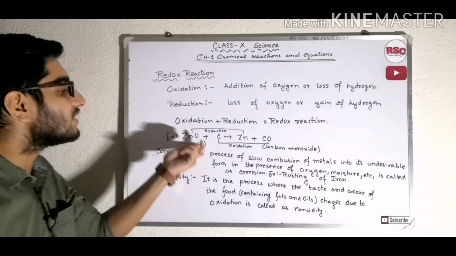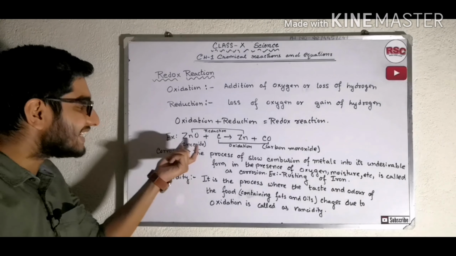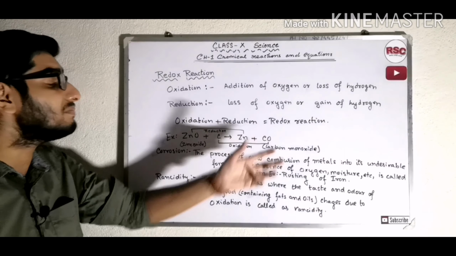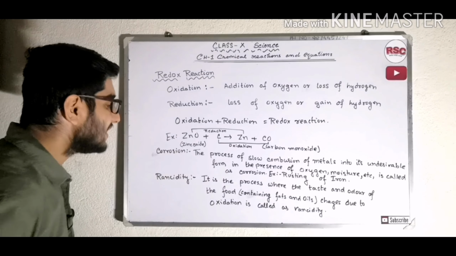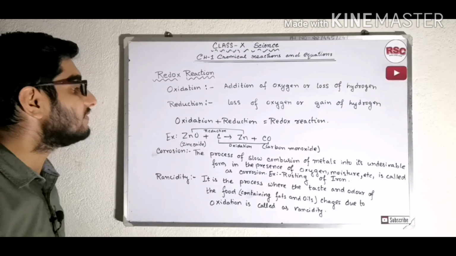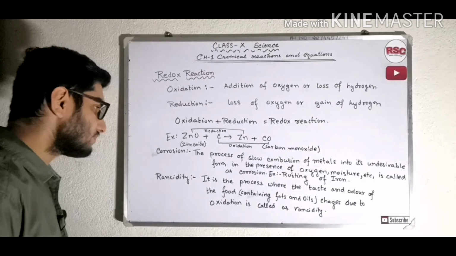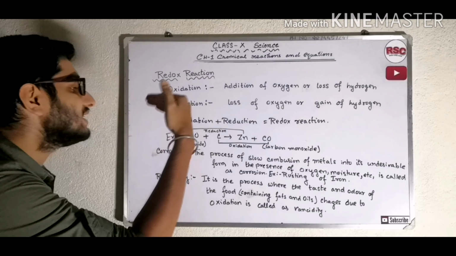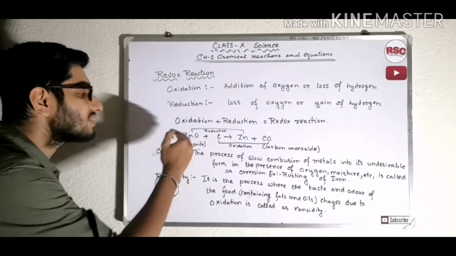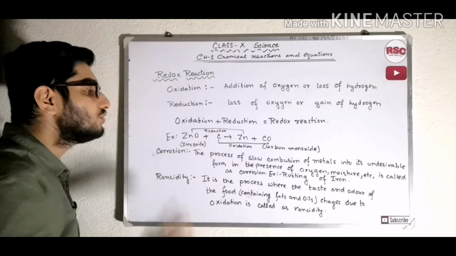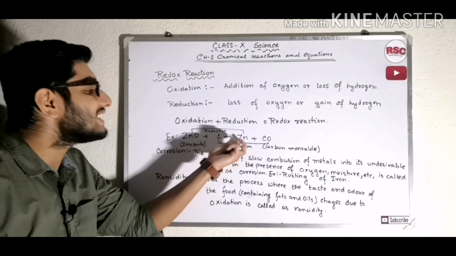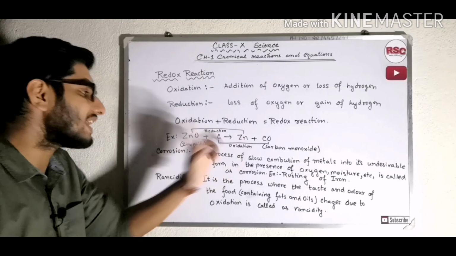You could see from the below example that ZnO plus C gives Zn plus CO. In the case of ZnO, that is zinc oxide, plus C, that is carbon, from zinc oxide the oxygen gets removed, that means this is reduction. See, I have written reduction.